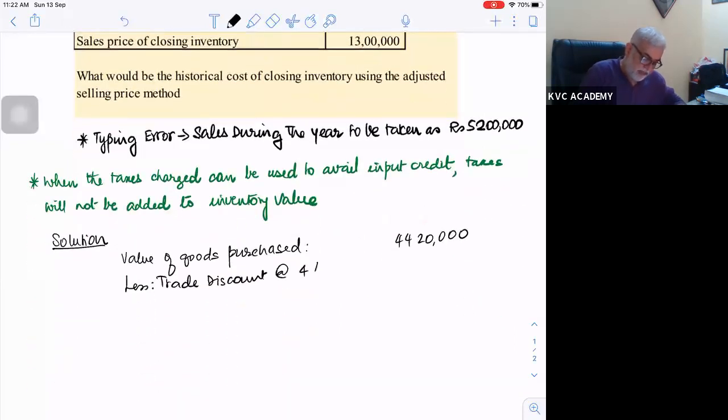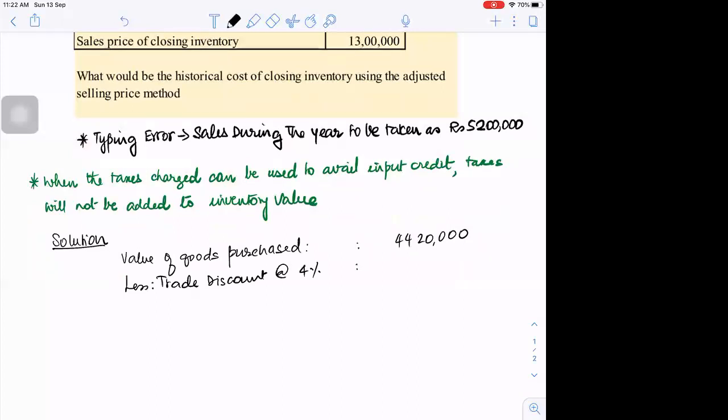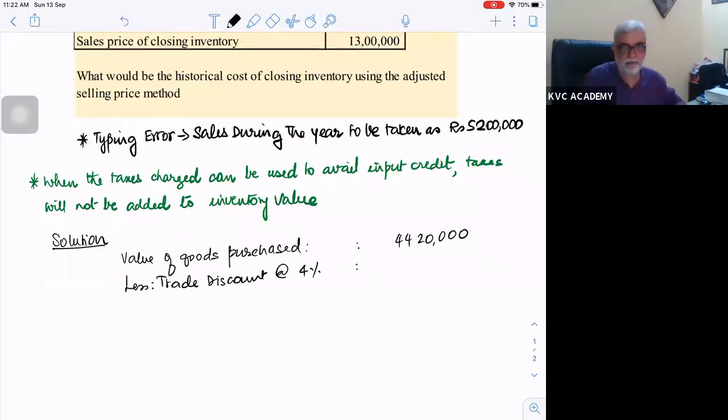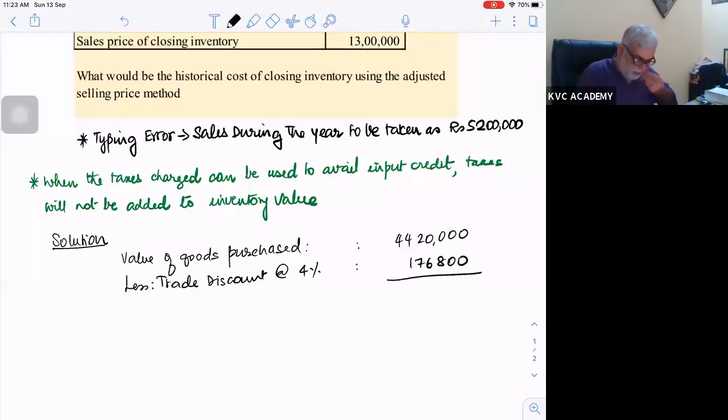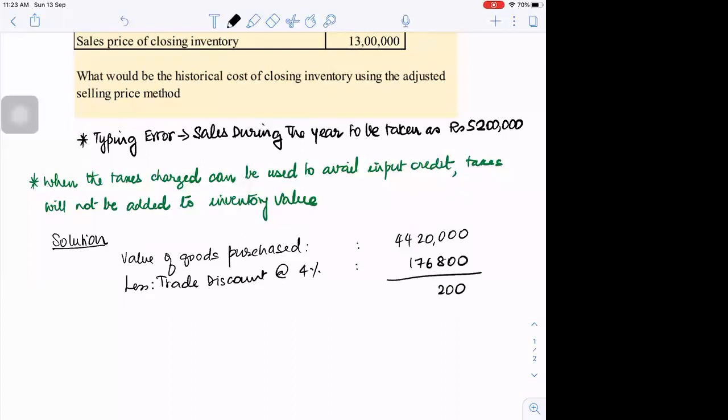So trade discount at 4% comes to, could somebody quickly tell me how much is 4% of 44 lakh 20,000? 176,800. So when you reduce this, 42,43,200.